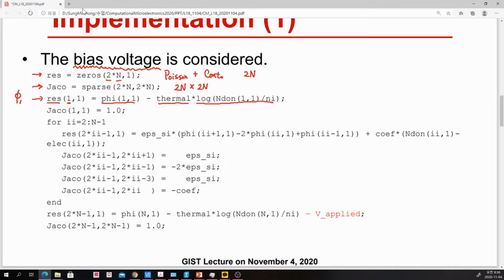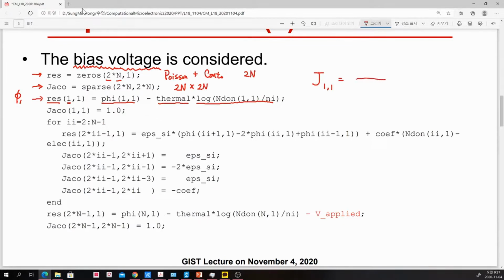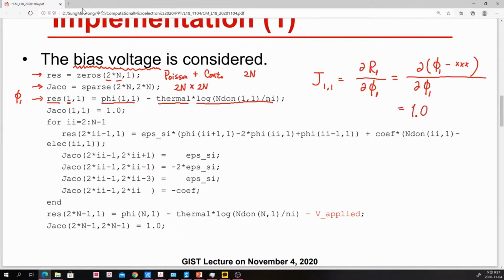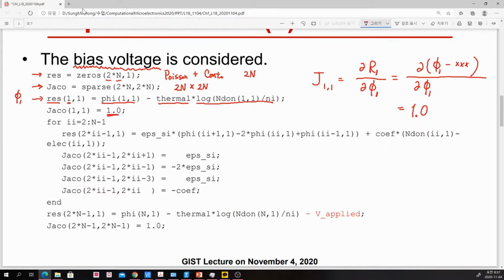And since this is Jacobian 1,1, it is defined as the partial derivative of residue 1 with respect to phi 1, and you know that this R1 is simply given by phi 1 minus a certain number, so we can easily understand that it becomes just 1.0. So that's the reason why we have 1.0 here.